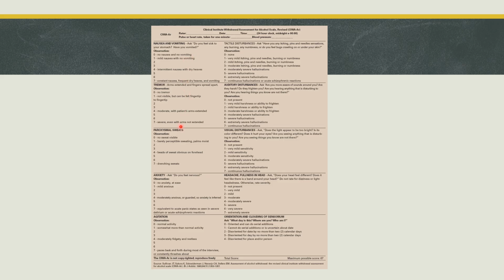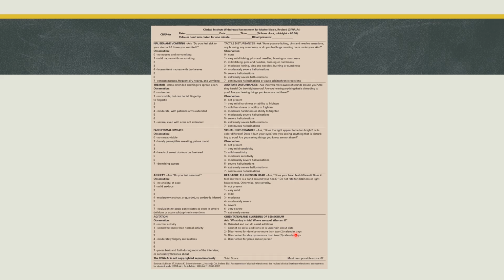Tremor, 0 to 7. We assess how sweaty they are, paroxysmal sweats, 0 to 7. Anxiety, 0 to 7. Agitation, 0 to 7. And then any hallucinations, auditory, visual, those are 0 to 7. They have a headache, and then their orientation.